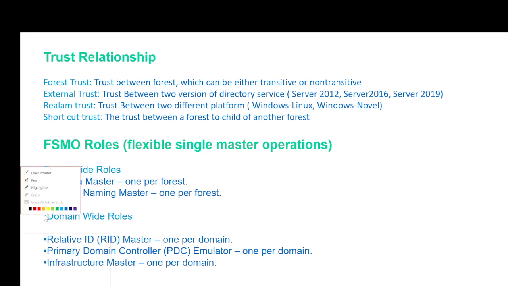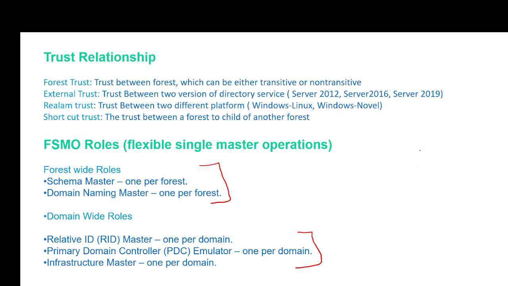Okay, so now let us understand what are the 2 forest-wide roles and what are the 3 domain-wide roles. These 2, schema master and domain naming master, are common for the entire forest. And the relative identifier, primary domain controller, and infrastructure master, these are the domain-wide roles.